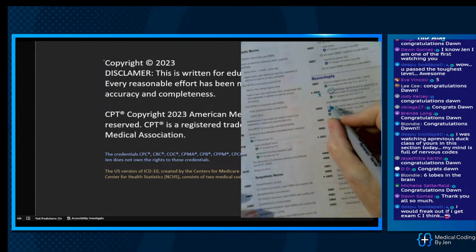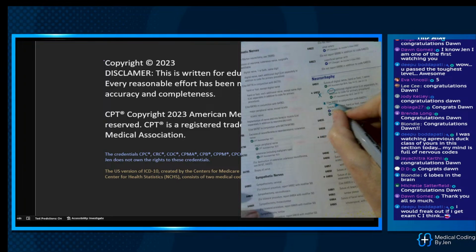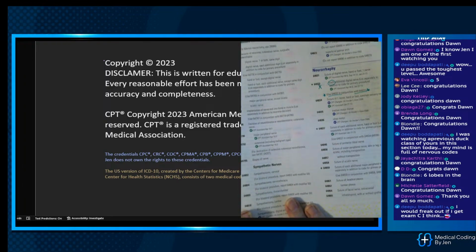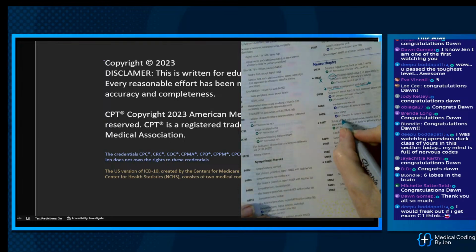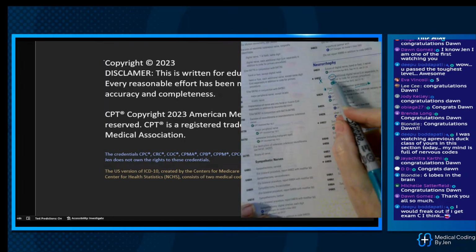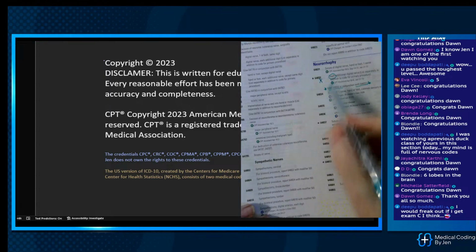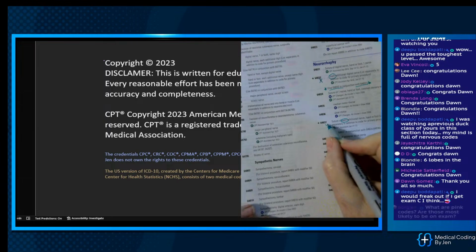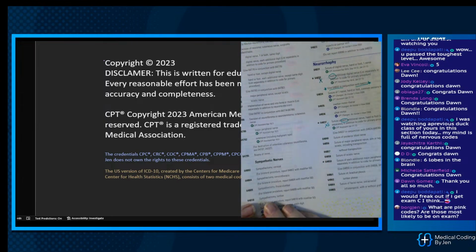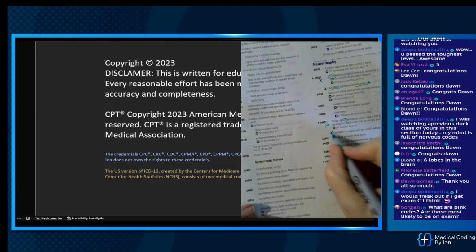Any codes that say use a code with another code, always mark that up. I like when they tell me to use one. Sometimes your each is not your very first word in the descriptor on an add-on code, but it's in there hidden. So sometimes it's weird. I don't know why, but I just find it and go circle it.